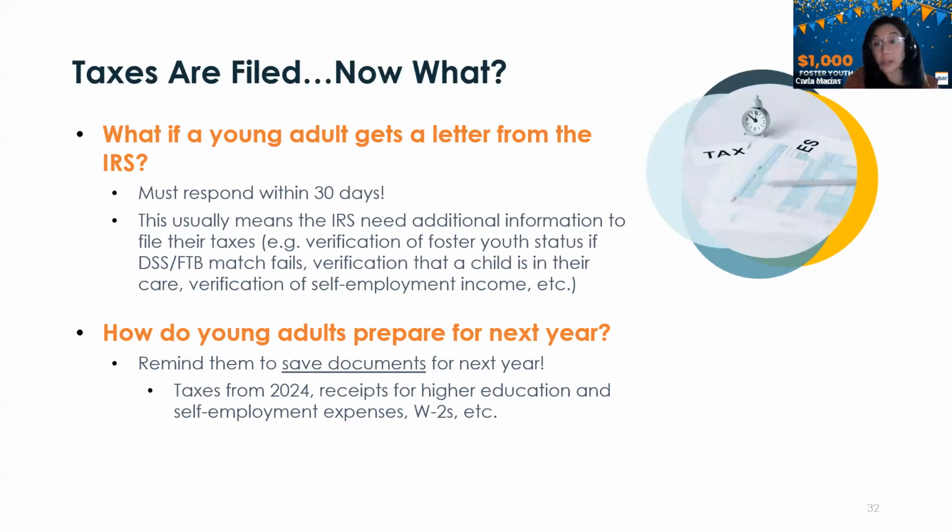I had one experience with a young lady who needed to provide more verification of her foster youth status. So again, they have 30 days to respond. And if they need help, they should immediately ask their social worker, CASA, case manager, or attorney for help to decipher what is being asked.